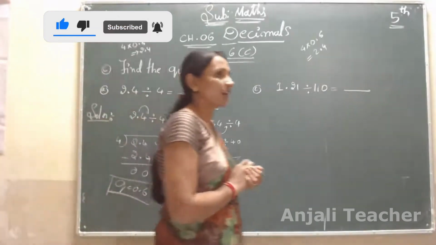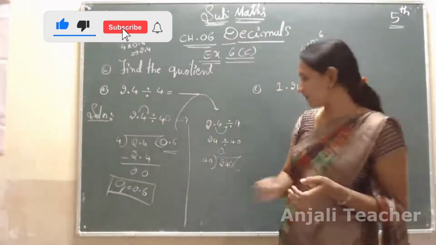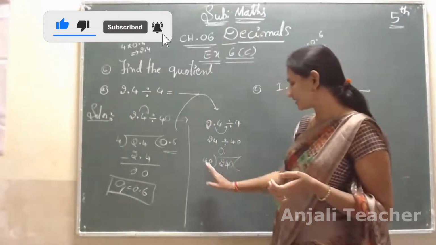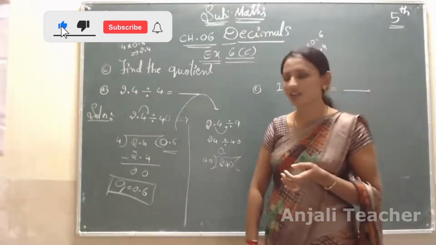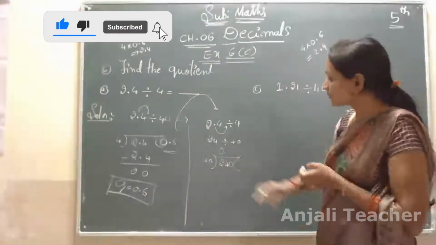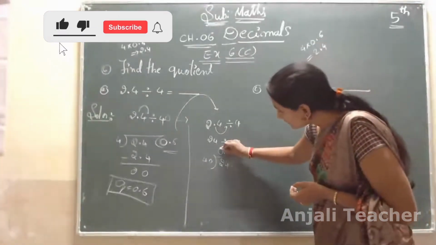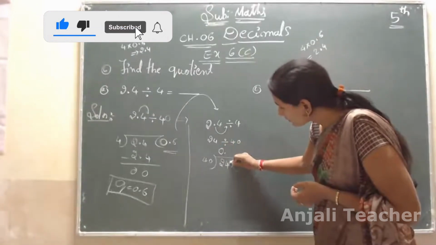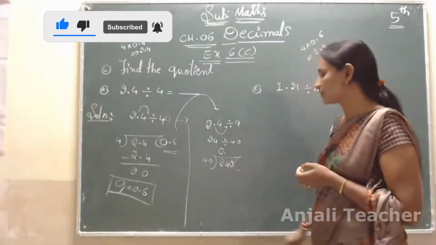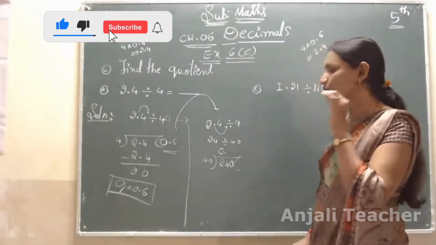Students, the value is 240 because you compare the divisor and dividend, and the divisor value is more. So you have to write 0 in the quotient, afterwards the point, and come to here 0. This value is 240.